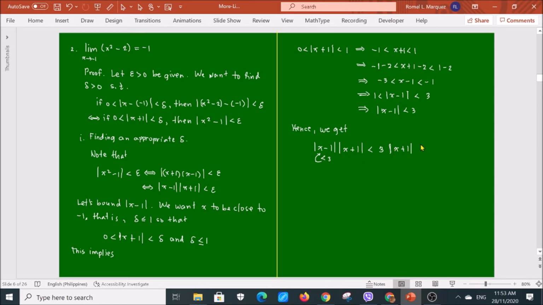Okay? So from here, this is supposedly less than epsilon, right? Remember, this product is less than epsilon, and this is less than this product, and this is less than epsilon also. So I can now replace this.